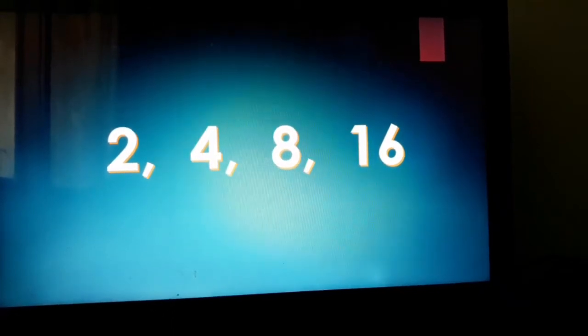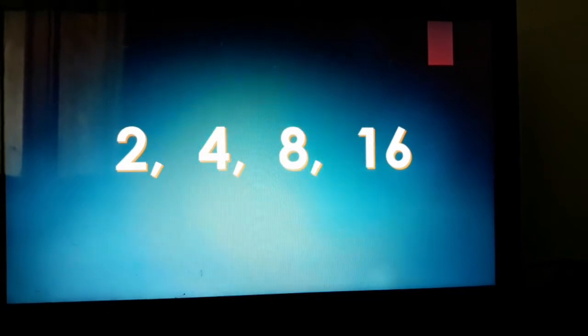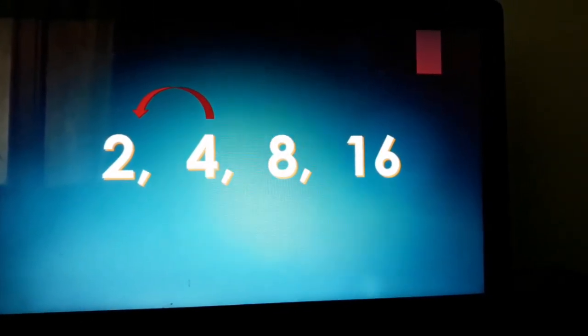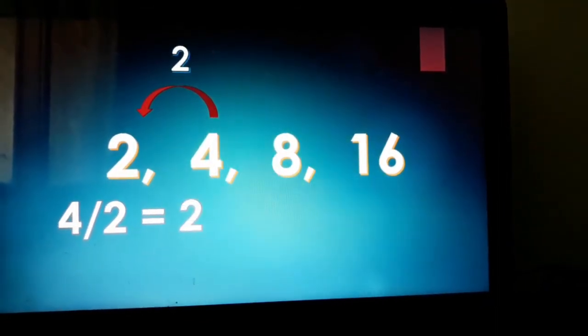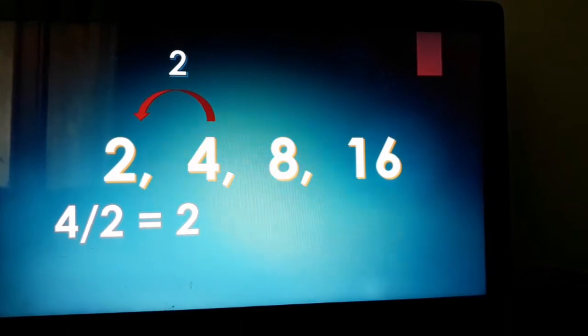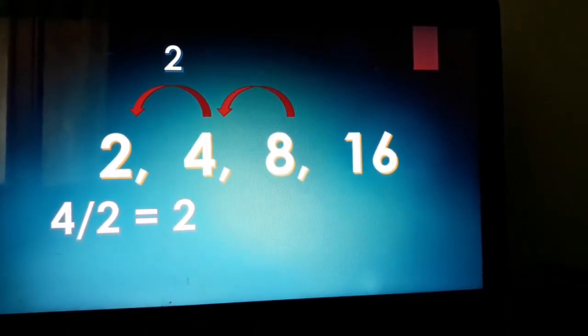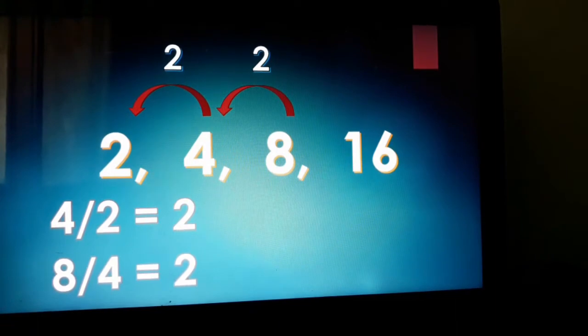Okay, let's have our first example. So, ang sequence natin ay 2, 4, 8, 16. If you're going to divide 4 by 2, meron tayong makukuhang ratio that's equal to 2. 8, divide naman natin by 4, same answer, quotient is 2.